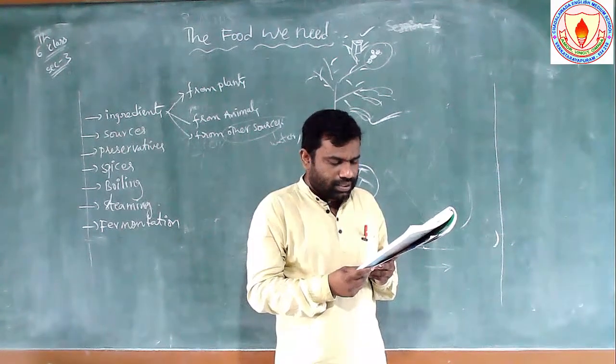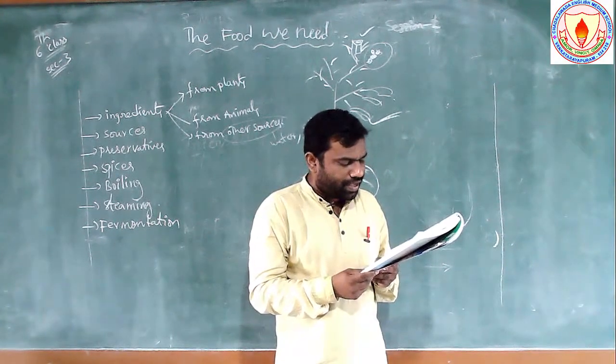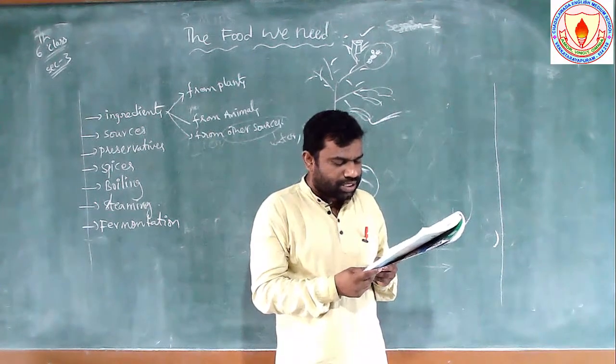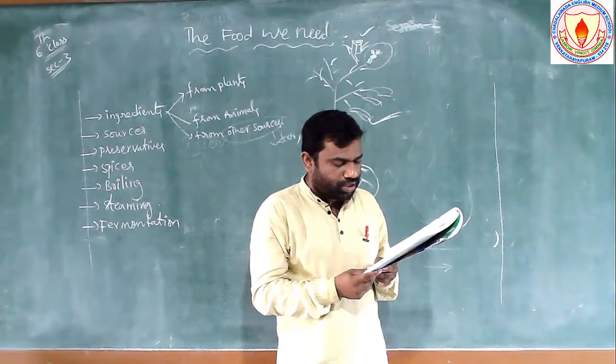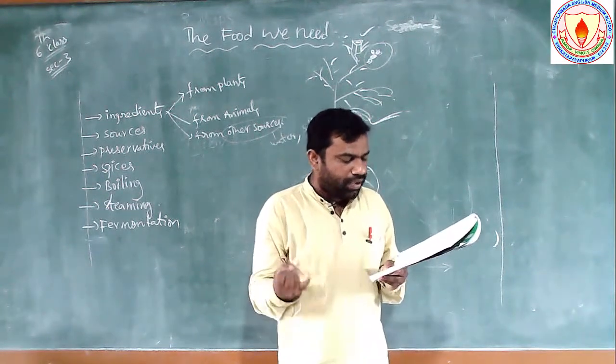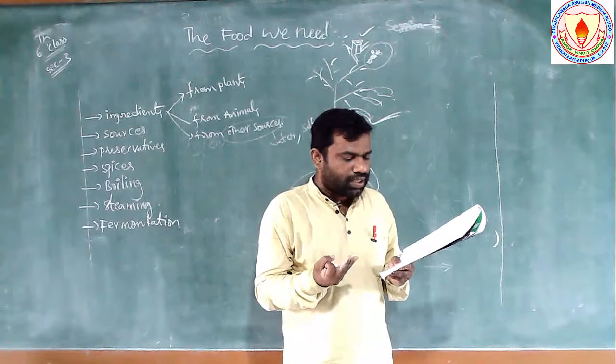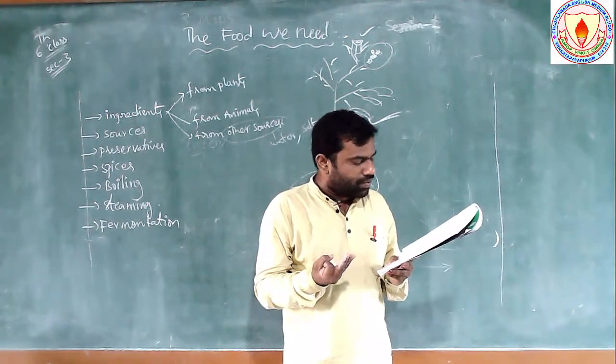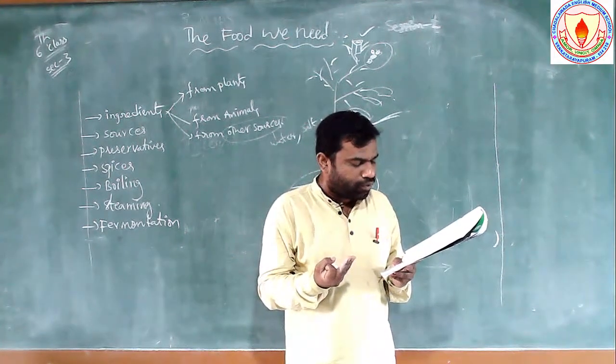It is clear that we get a variety of food ingredients from the animal sources. Can we elaborate this list? Similarly, different parts of the plants like leaves, flowers, fruits, etc. serve as very useful ingredients to make our food.